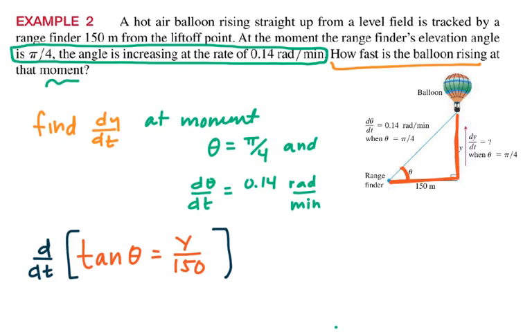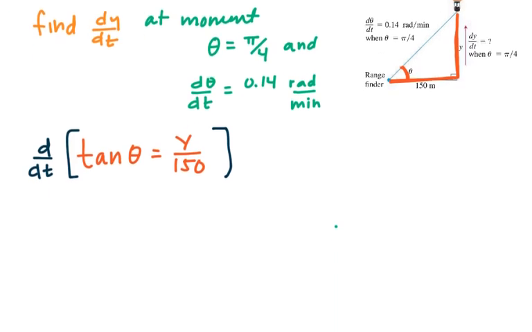So differentiating our tangent equation with respect to t, the derivative of tangent is secant squared. So I have secant squared theta, and I took the derivative of theta, so I write d theta/dt.